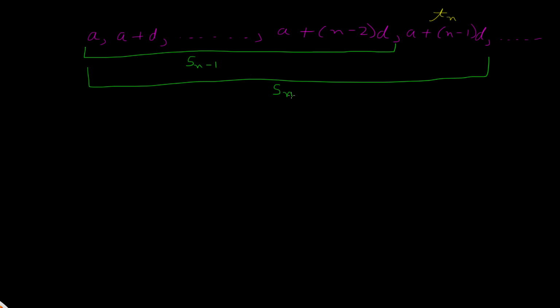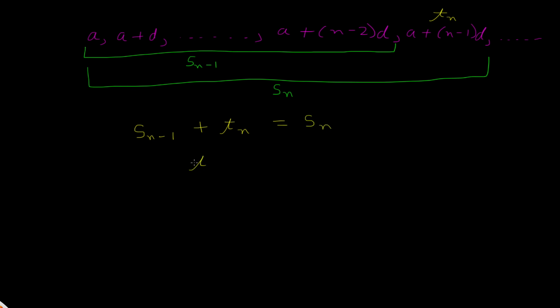How do we get to Sn? If we know the sum of n minus 1 terms, then if we add the nth term to this, we will get the sum of n terms. That is, if we have S n minus 1, the sum of n minus 1 terms, and we add the nth term to it, that is Tn, then this should be equal to the sum of n terms.